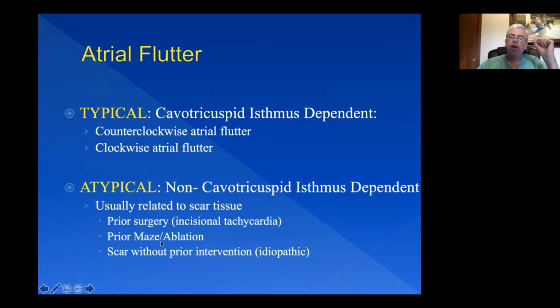If the patient had prior ablation or maze procedure, when we do ablation, we create scar, and that scar, unfortunately, could be the basis for future arrhythmia, or scar that developed just as a result of remodeling and aging.